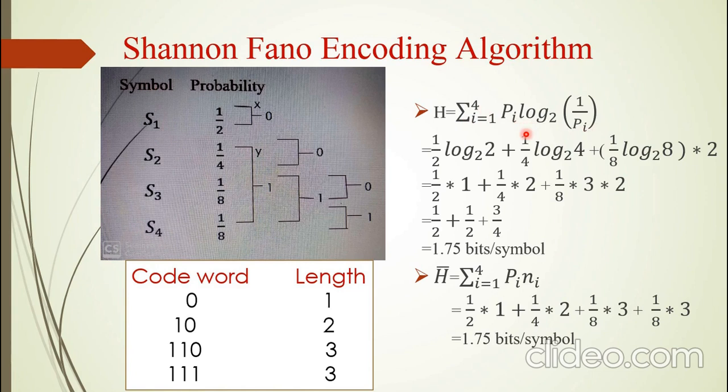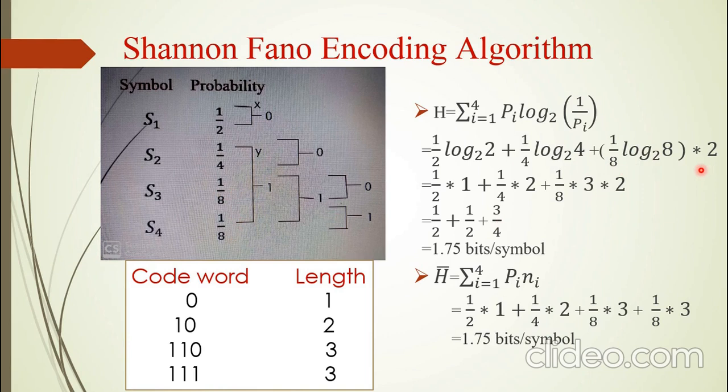This will be 1 by 2 log base 2 2, because the probability is 1 by 2, plus 1 by 4 log base 2 4, since pi is 1 by 4, and 1 by 8 log base 2 8, and now this 1 by 8 occurs 2 times, so that's why it is multiplied by 2.